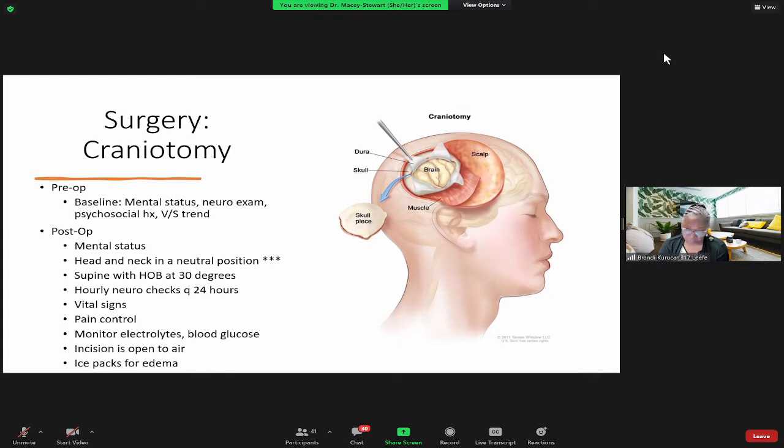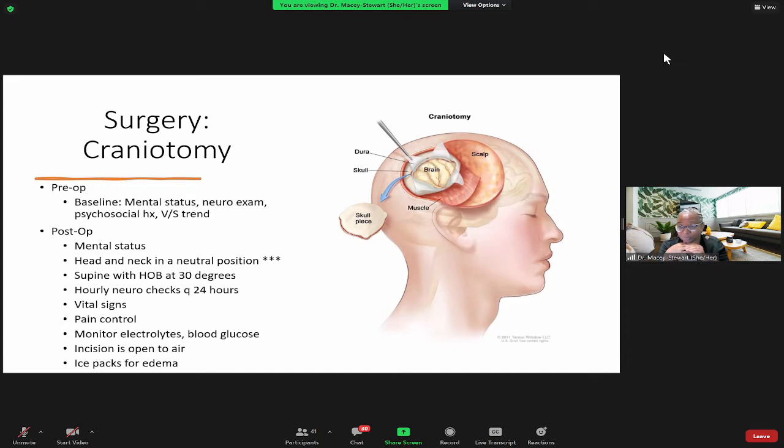Did you say we're monitoring the I and O as well? Yep, monitoring the I and O. Because remember I told you about the glands that you have in your brain, taking you back to A&P, your pituitary gland, right, can be manipulated if the tumor is near the pituitary gland. And if that's manipulated, it can cause issues with your blood sugar.